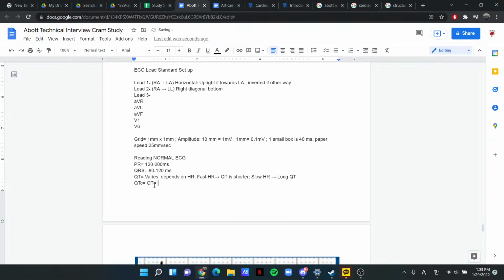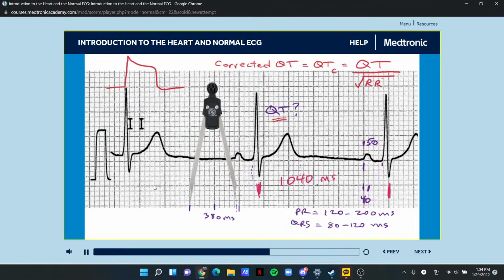So in this example, the R to R that we measured was 1,040 milliseconds. Well, since there's 1,000 milliseconds in a second, if you divide that by 1,000, you'll get the number of seconds. But the easiest thing is to just shift the decimal point over 3 spaces, and what this is equal to is 1.04 seconds.